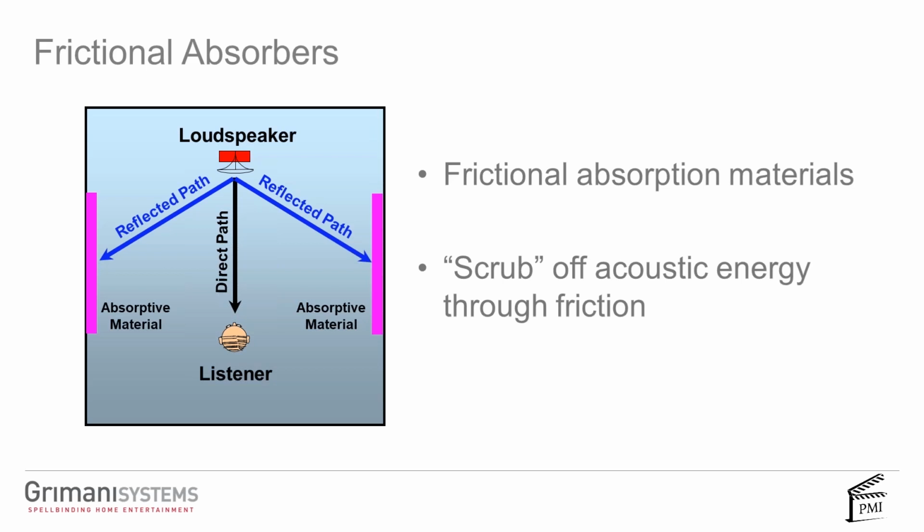That frictional material scrubs off energy through friction, but literally the air particles that are moving and expanding and compressing and actually have a velocity, they meet typically either fibrous materials or some foam materials, and they basically bounce off all these little hairs, all these little cells, these walls of the cells, and at every bounce, they scrub off some energy, just like you would if you were scrubbing a piece of furniture with sandpaper. It's not much more complicated than that.